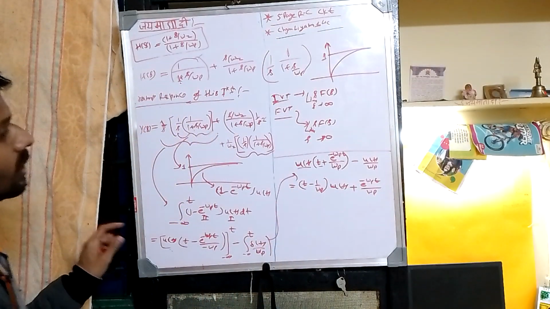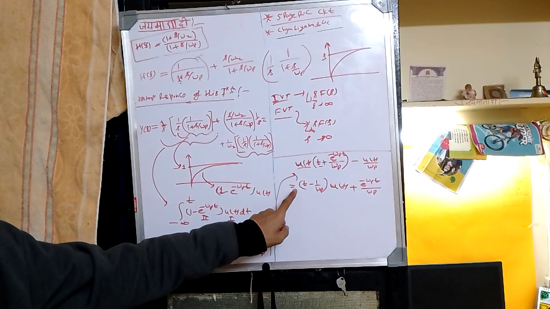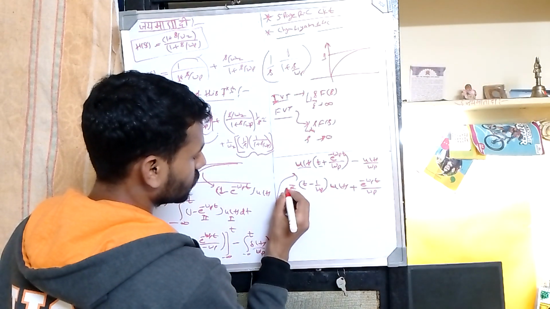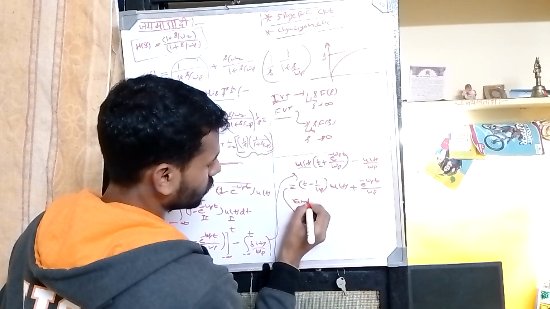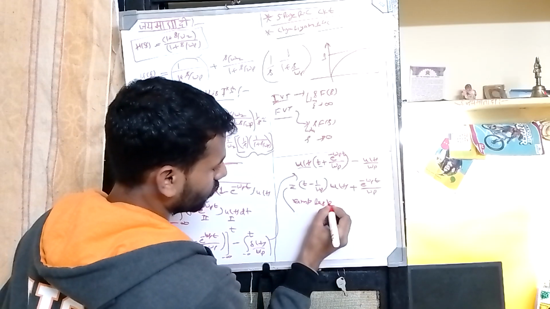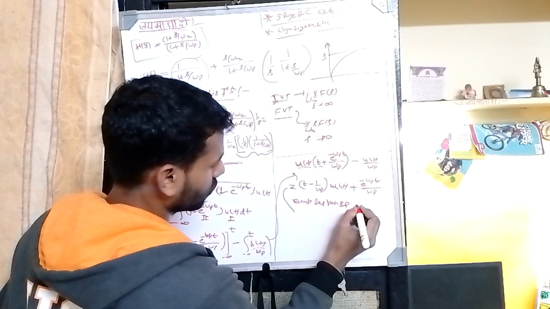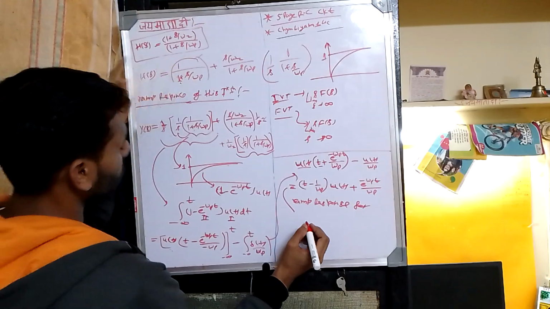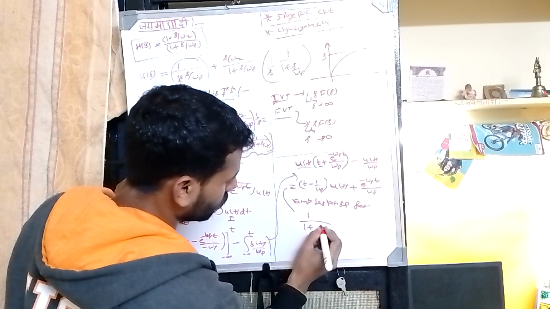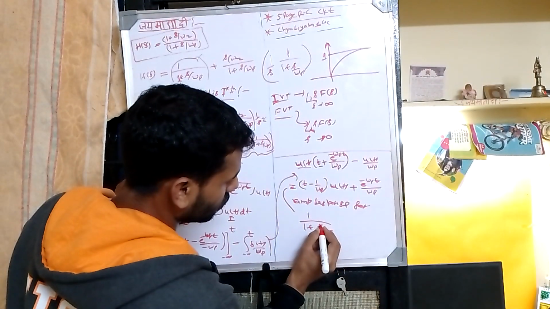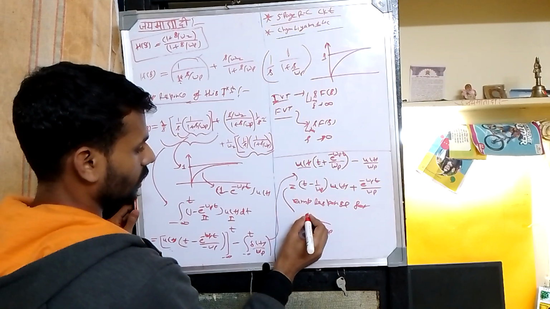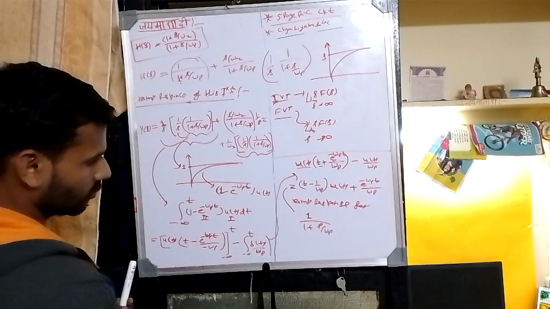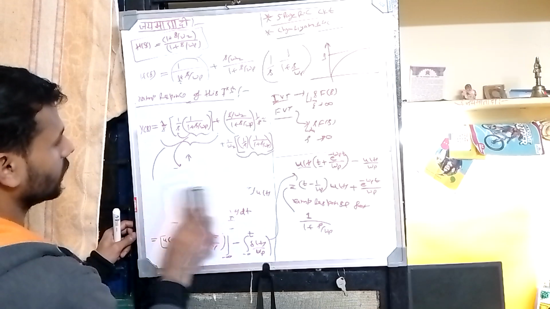So this is the ramp response for this transfer function, 1 by 1 plus s by omega p. And if you plot it, how will it look?